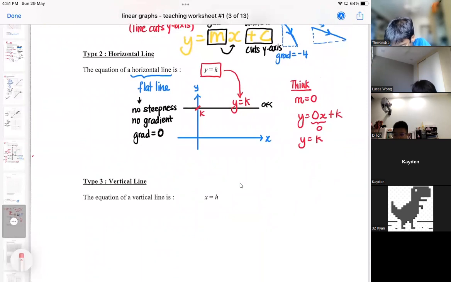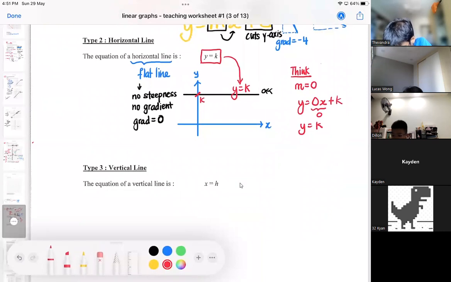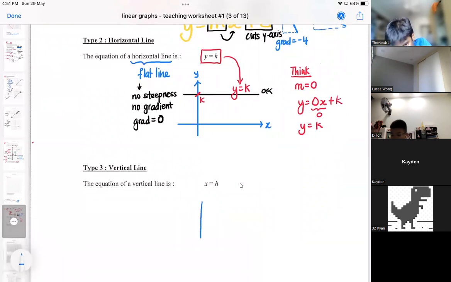Whereas if you go to the last type, it is a totally vertical line. So what is the gradient of a vertical line? A vertical line is like you standing up straight.